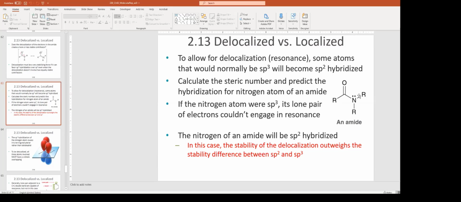This is really more sp2. And what shape would it more likely have then if it's sp2? It's more trigonal planar, and these electrons are delocalized instead of the electrons just being off in a plane all their own. So in an amide, the nitrogen is sp2.